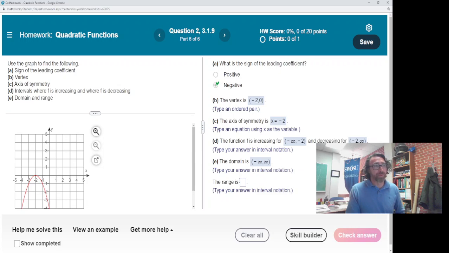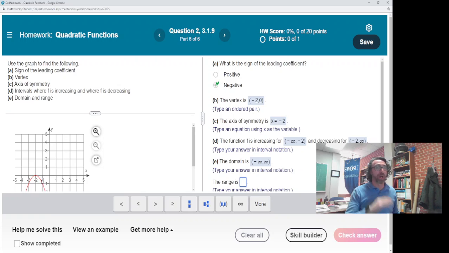Now here they're asking me about the range. Okay, and I notice on my graph, there is a maximum y value. The graph opens down, so the vertex is the highest point on my graph. So I can get anything up to 0.